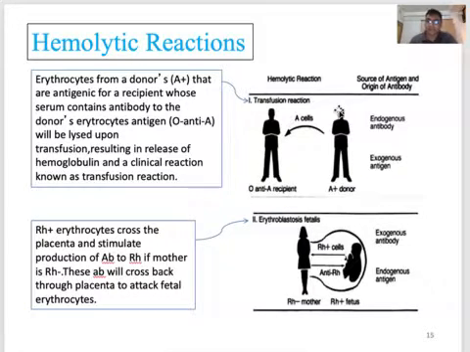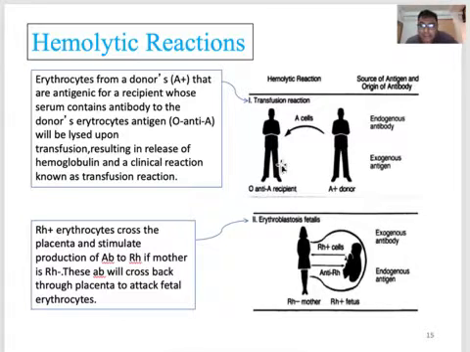So what happens if the donor's transfused blood reacts with the recipient's blood? Imagine this situation. Suppose an A plus blood donor is donating blood to an O group blood recipient. In case of A plus blood donors, they contain A antigen, right?